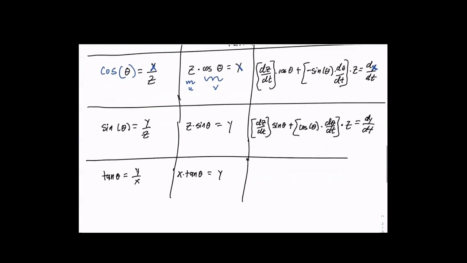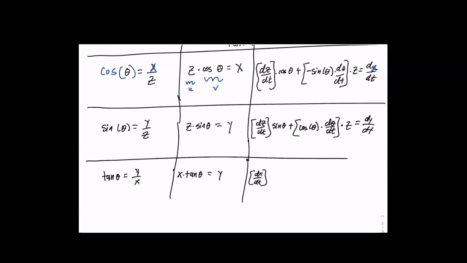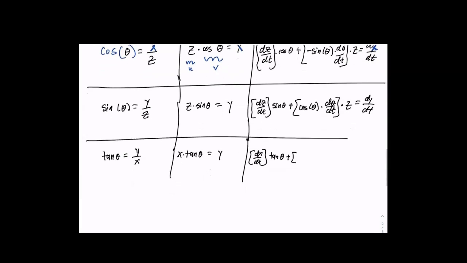Let's take the derivative. dx over dt times tangent of theta, plus secant squared of theta.